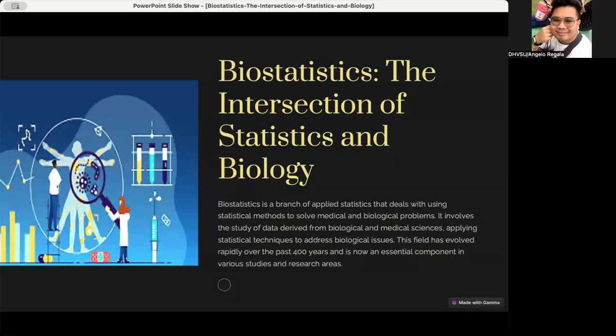So when we talk about biostatistics, as you can see, it is a branch of applied statistics that deals with using statistical methods to solve medical and biological problems. It involves the study of data derived from biological and medical sciences, as well as applying different statistical techniques to address biological issues like the COVID-19 pandemic or the emerging biological issues that we will be having in the future.